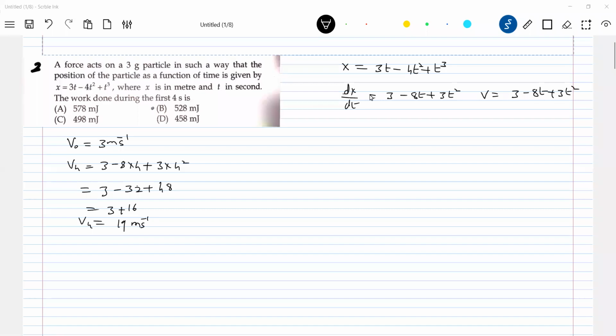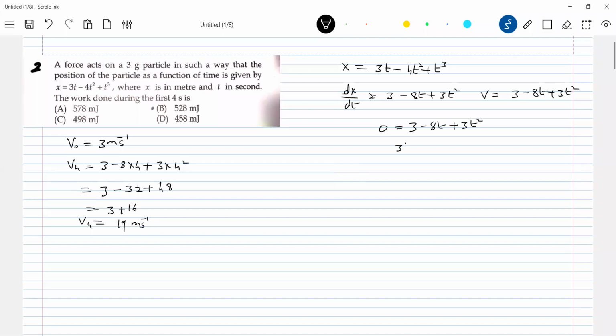At t equals 0, it will have velocity v0 like this. Then at any instant of time it may come to rest, so let's put v equal to 0: 3 minus 8t plus 3t square equals 0.